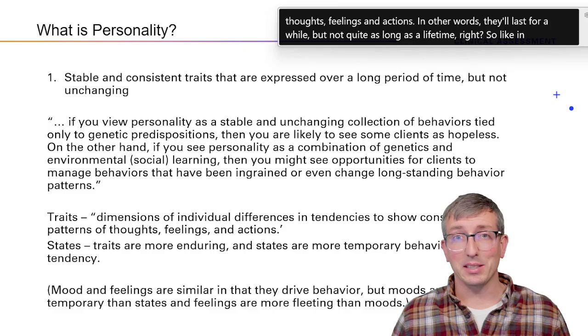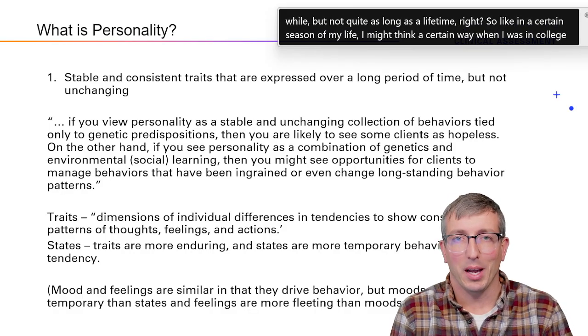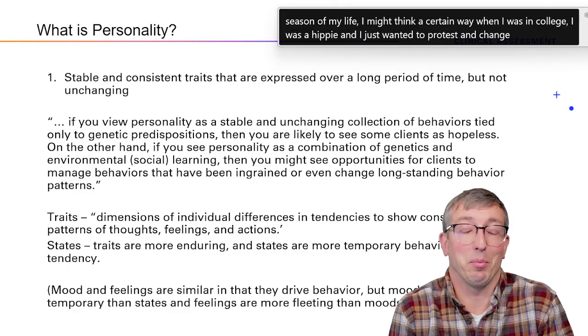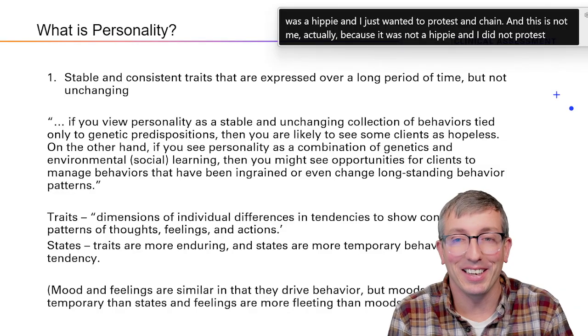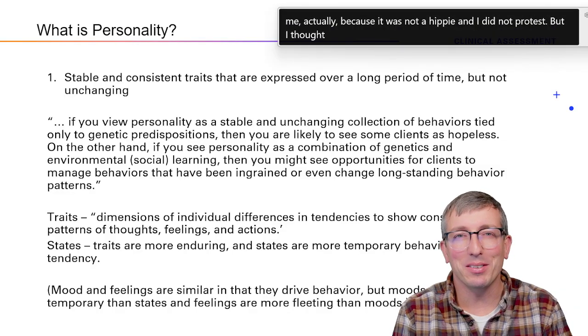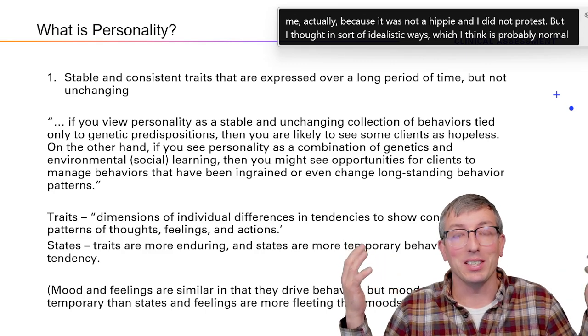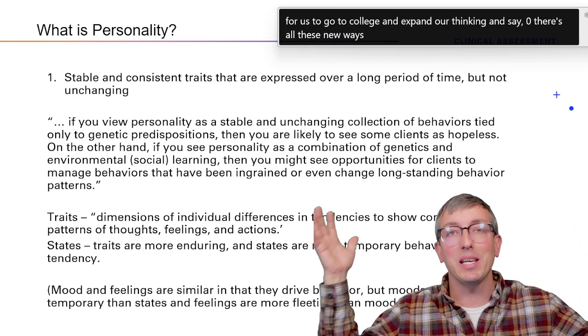So in a certain season of my life, I might think a certain way. When I was in college, I was a hippie and I just wanted to protest and change. This is not me actually, because I was not a hippie and I did not protest. But I thought in sort of idealistic ways, which I think is probably normal for us to go to college and expand our thinking and say, oh, there's all these new ways of being.